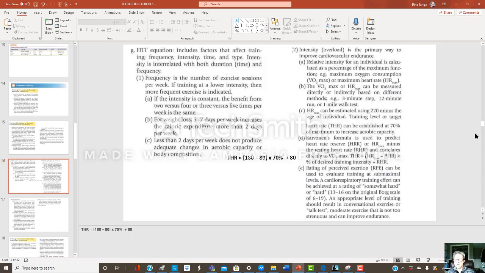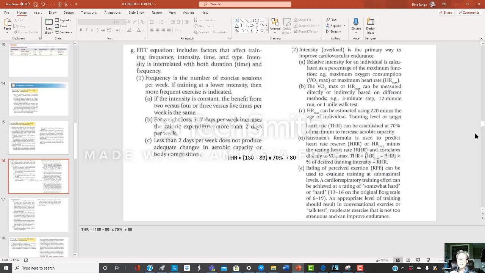Okay. Rating of perceived exertion can be used to evaluate training at sub-maximal levels. A cardiorespiratory training effect can be achieved at a rating of somewhat hard or hard, 13 to 16 on the original Borg scale of 6 to 19. An appropriate level of training should result in conversational exercise or a talk test.